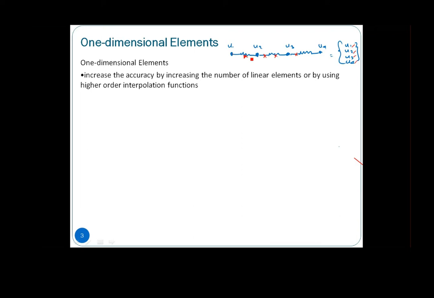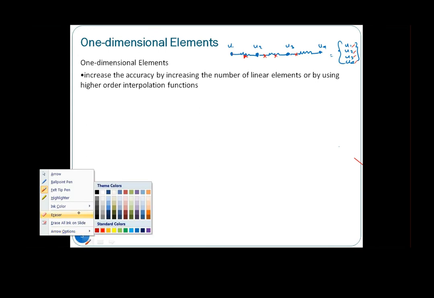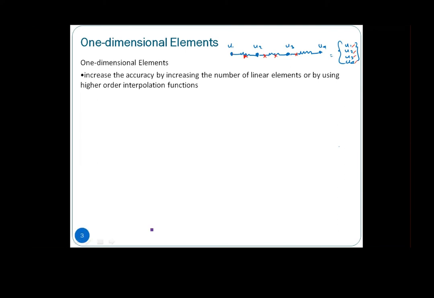If you want to determine all these positions, one of the approaches is to consider each particular position as a node. So we increase the number of elements, so that those positions become nodes.